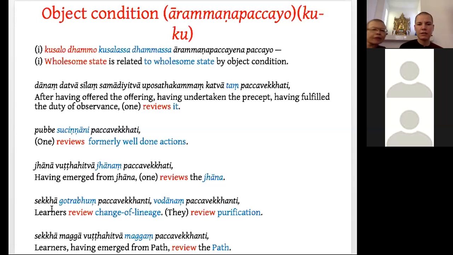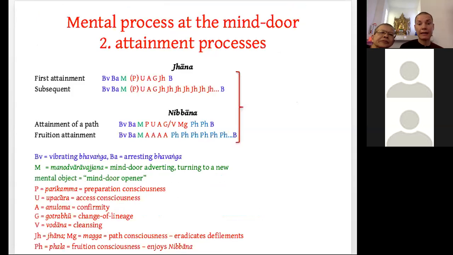So, when learners review the change of lineage and review purification, and when learners emerge from the path, they review the path. We can see these things in detail here. I will try not to go too much into the detail of how things happen, I think it might not be too important.